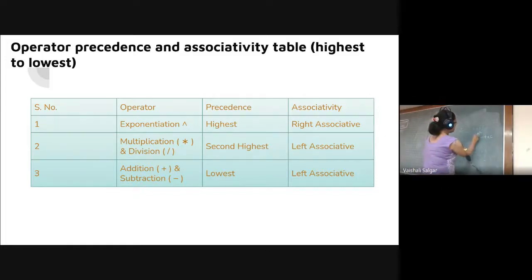So I have the expression b square minus 4ac. How can I write this expression? It will be b raised to 2 minus 4 into a into c. This is my notation using operators and operands.